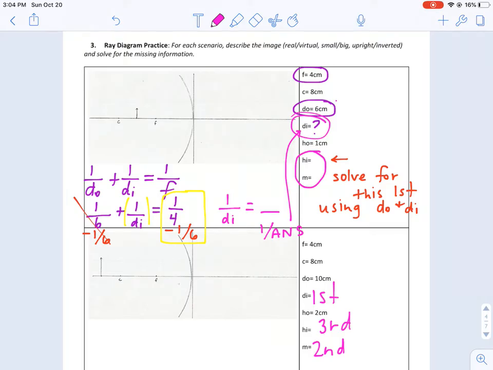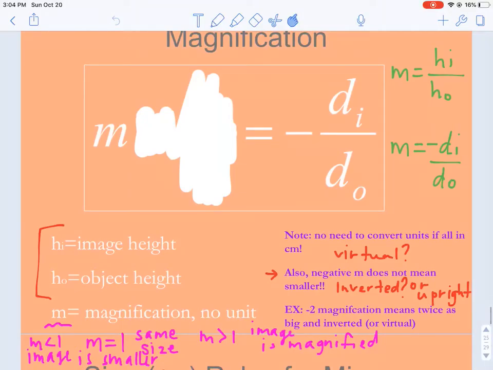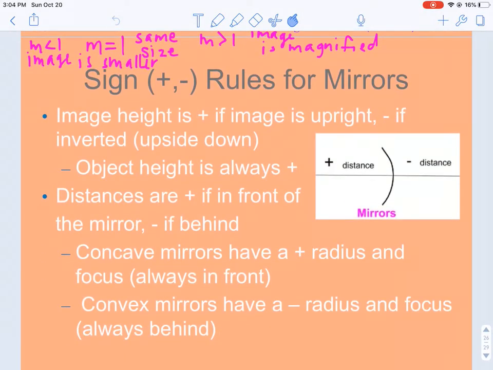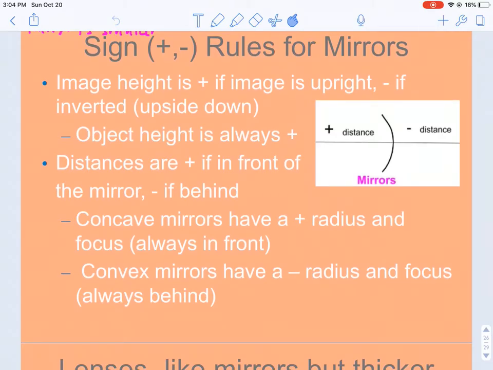You have several questions all about this. A few hints on them are about sign rules for magnification and distances. So the main thing you can see in this picture over here: if a distance is in front of the mirror, it's positive. If it's behind the mirror, it's negative.